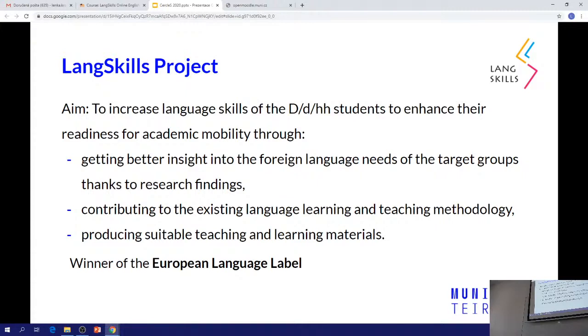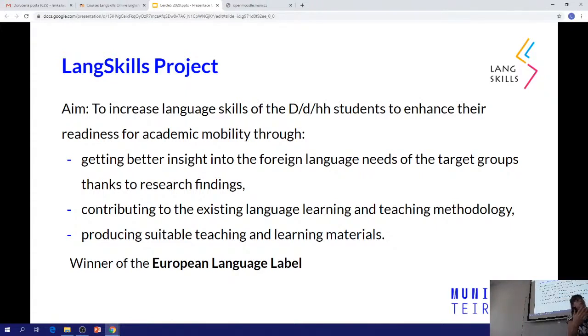Like a part of this English course, we also created a British Sign Language course, because deaf and hard of hearing students usually can only learn spoken languages. But being able to learn a sign language, another foreign sign language, this is something new for them. So that was the chance to create an online course.